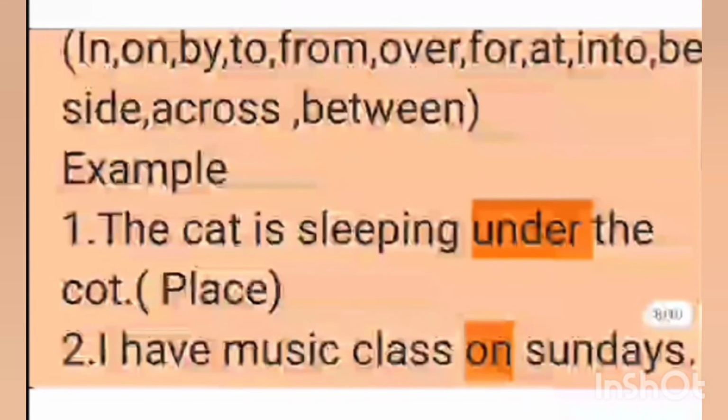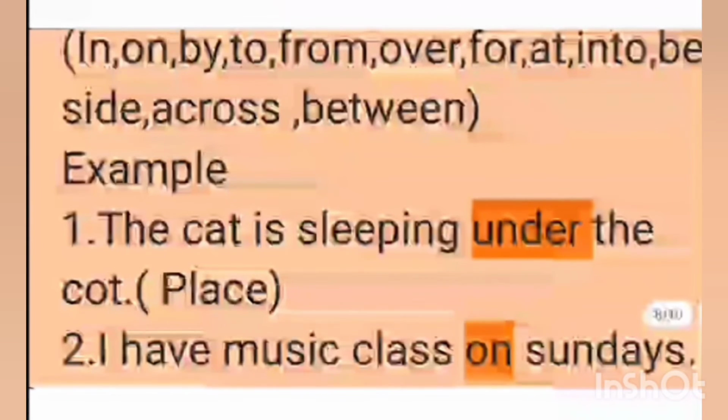Words like in, on, by, to, from, over, for, at, into, beside, across, between. All these are words that are used as prepositions. There are so many words used as prepositions to establish the relationship between nouns, or a noun and other words of the sentence. They specifically hint at the place of occurrence, time of occurrence and also direction of occurrence.